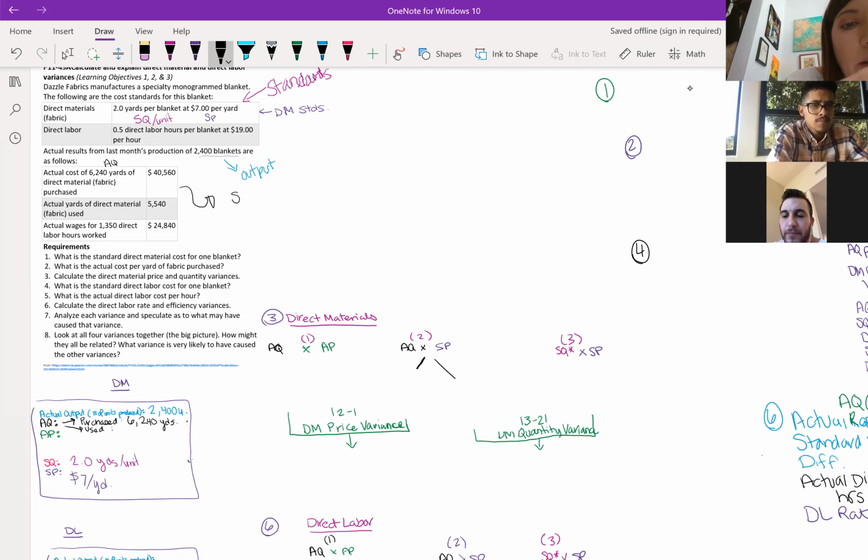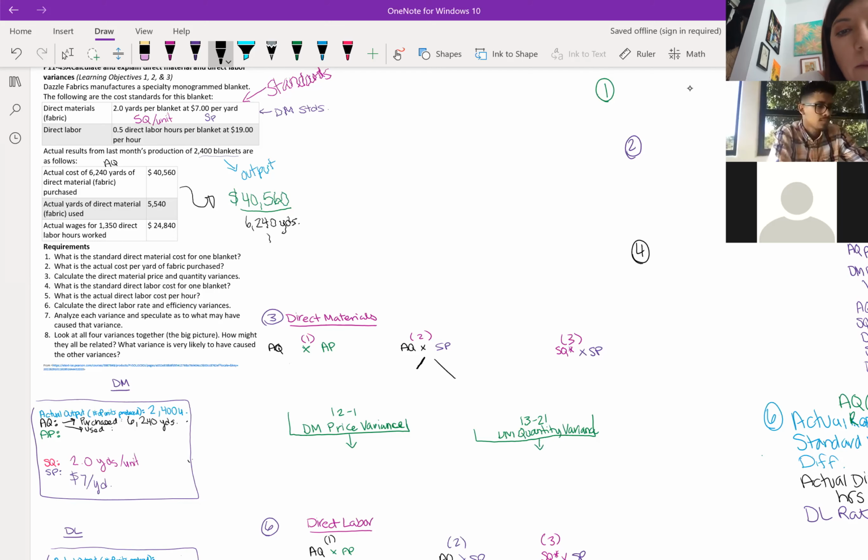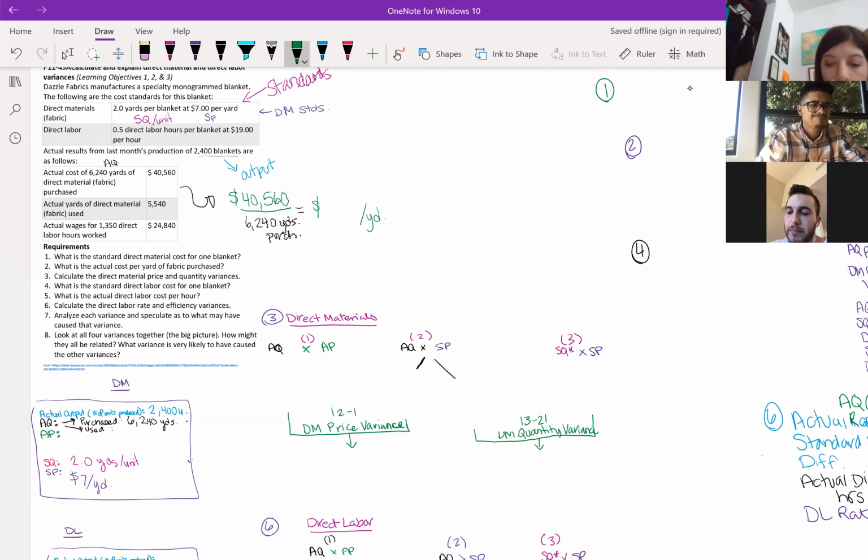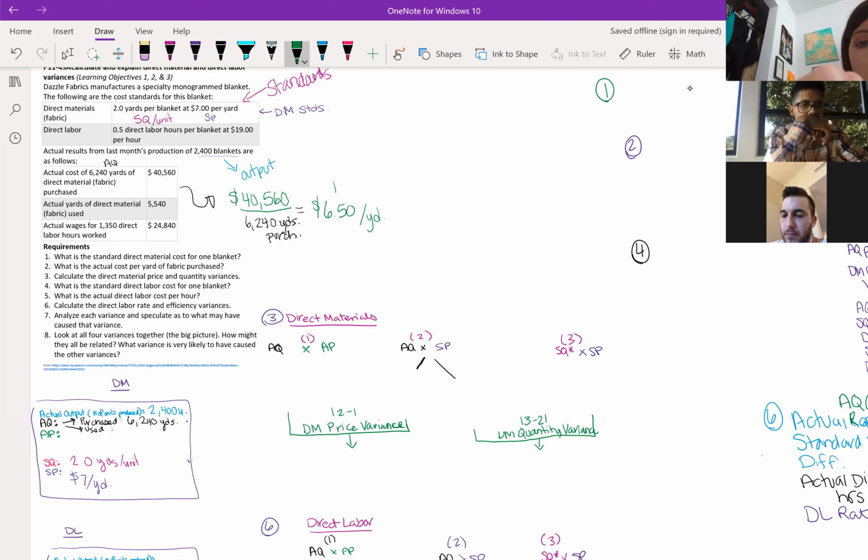So I'm going to calculate the actual price paid per yard over here. So 40,560 was how much they paid for those 6,240 yards purchased. So how much did they pay per yard? $6.50 per yard is our actual price.